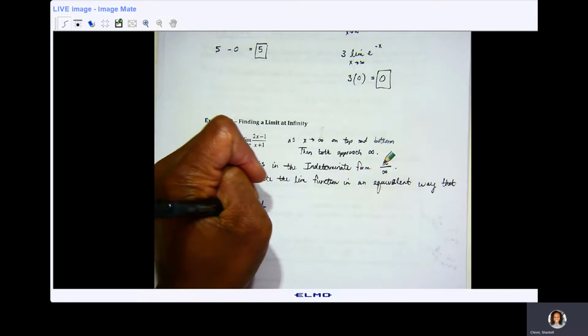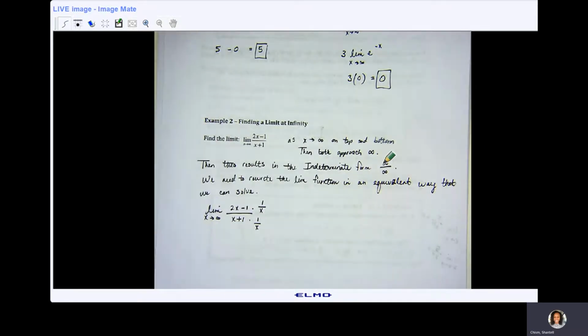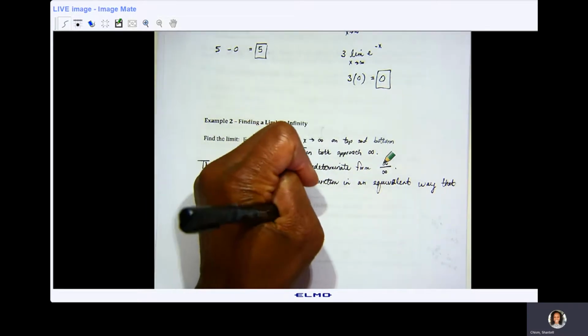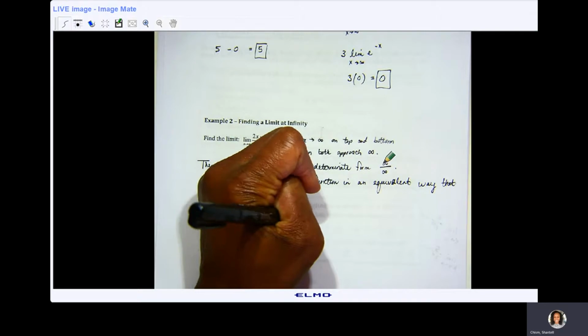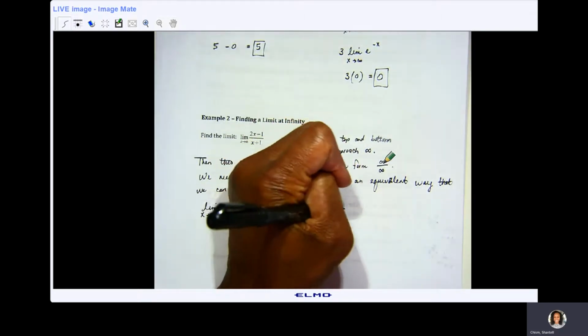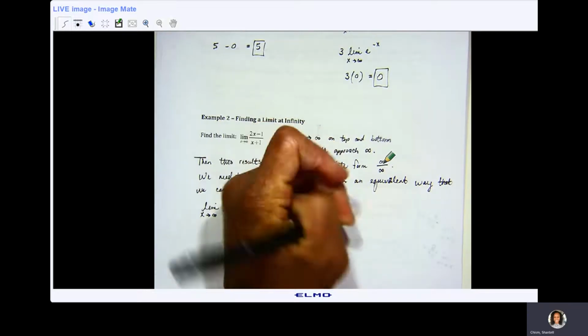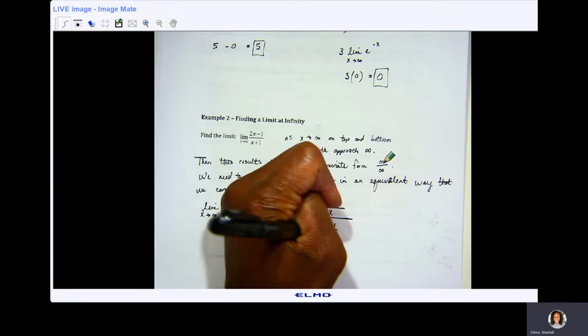Let's say we multiply the top here by 1 over x and the bottom here by 1 over x. As long as you multiply top and bottom by it, it's still legal, okay? Because you're still dealing with an equivalent form. So the limit as x approaches infinity. This gives me 2x minus 1 over x on top, and it gives me x plus 1 over x on bottom. Okay?